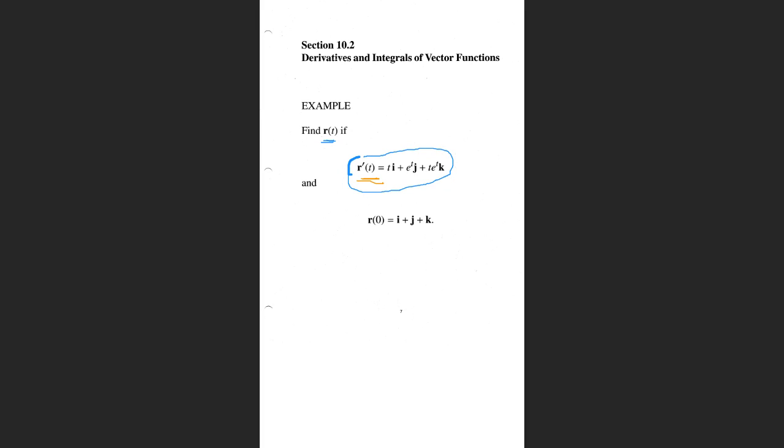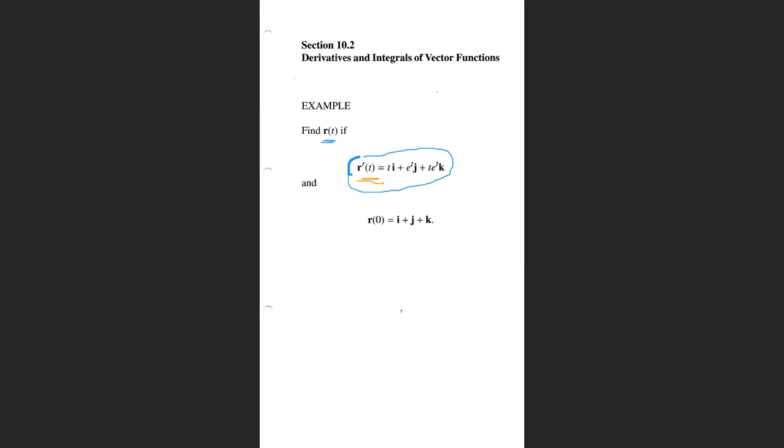But we have to remember that whenever we do an integral, if it's not a definite integral, then you're going to get a constant of integration. That's also true if we integrate a vector. If we're doing an indefinite integral of a vector, we're going to get a constant vector of integration.